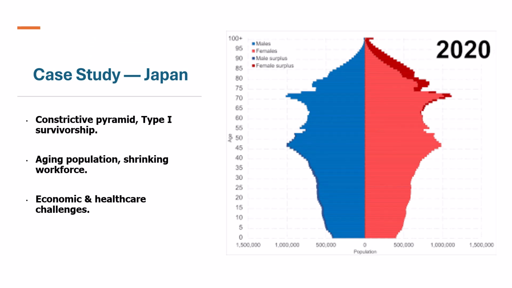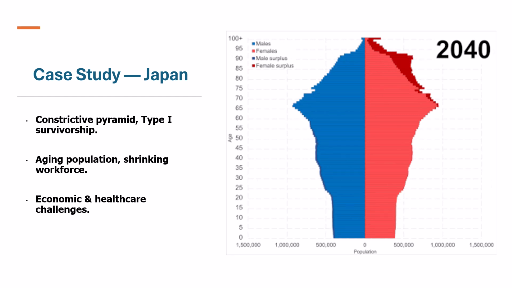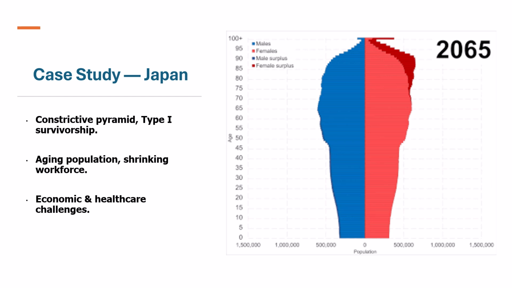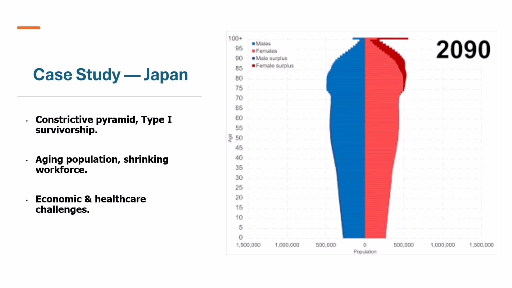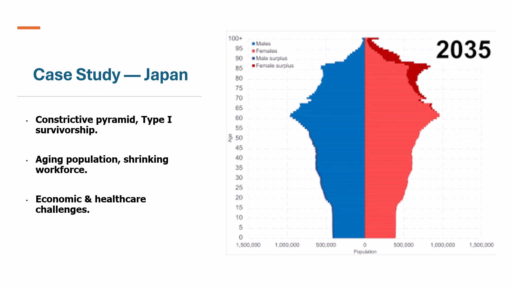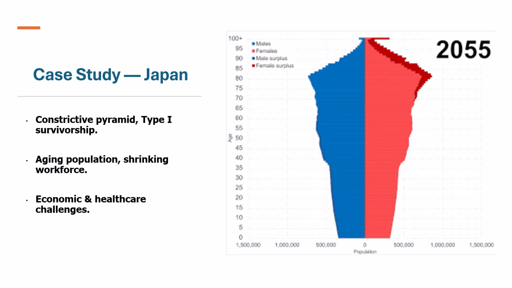Now let's have a look at some case studies. For example, Japan is a textbook example of a constrictive age pyramid combined with a type 1 survivorship curve. Thanks to advanced healthcare, most of the people survive into old age, but with low fertility rates, the younger generation is shrinking.